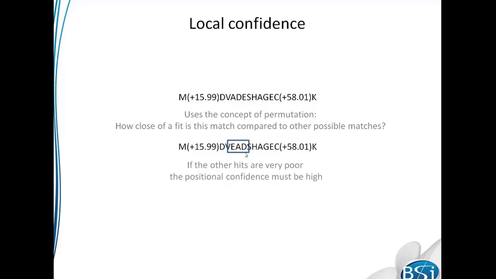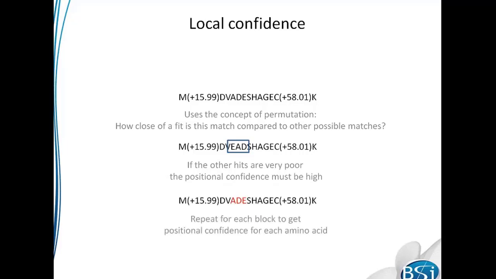So let's say, for example, we look at this EAD, and then we compare it to the other possibilities at this position with the same mass. And if the other possibilities are a very poor match to the spectrum, then we can assume that the original match was ADE, and then we compared it to EAD and other possible matches.